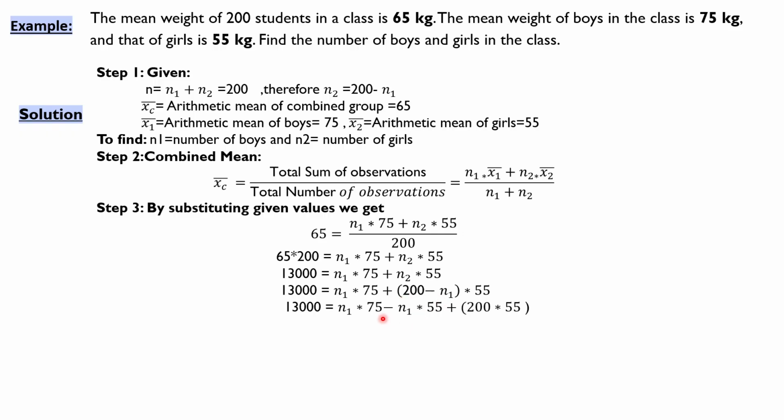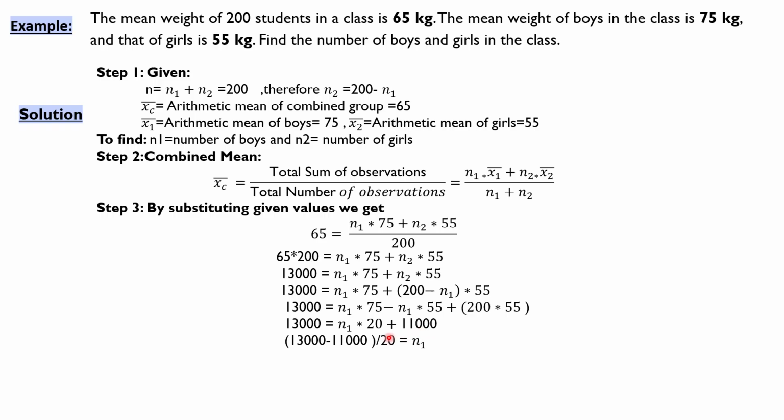In the next step we have opened this bracket, and finally we get n1, where 75 minus 55 is taken into bracket, which comes out to be 20, plus this answer is 11,000.